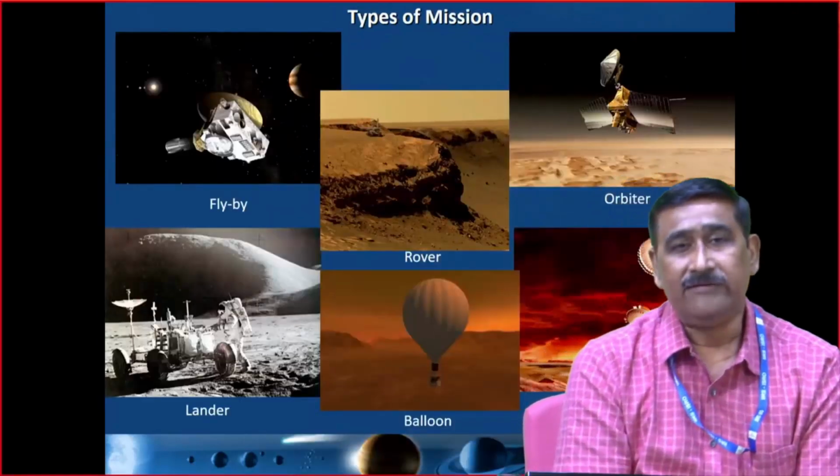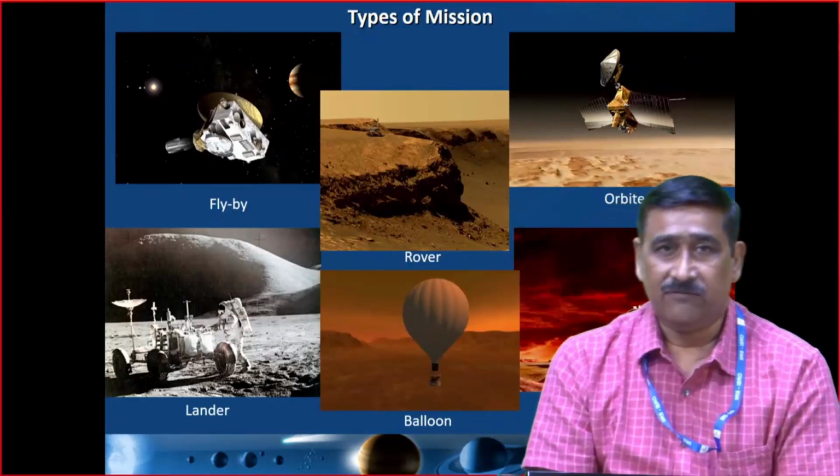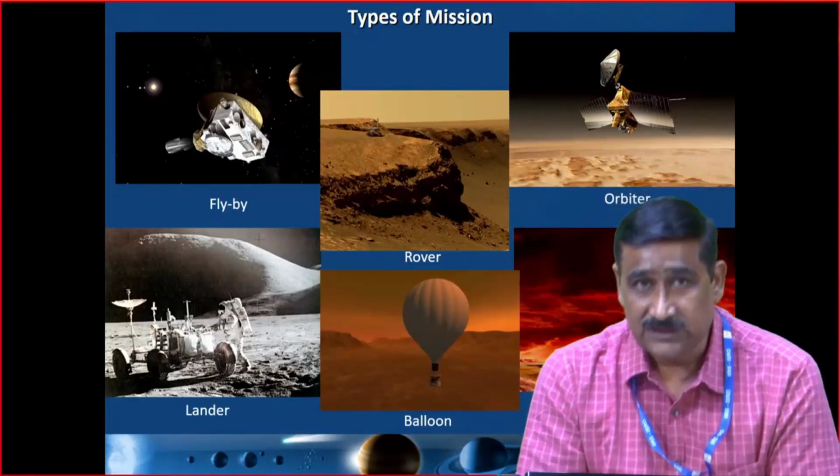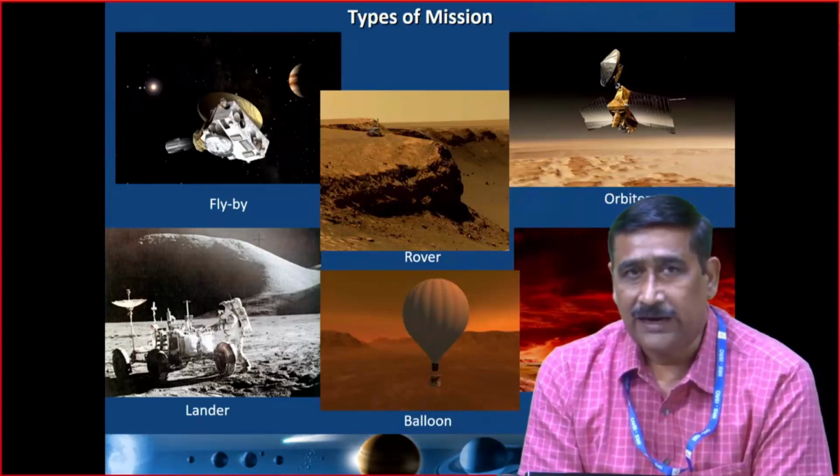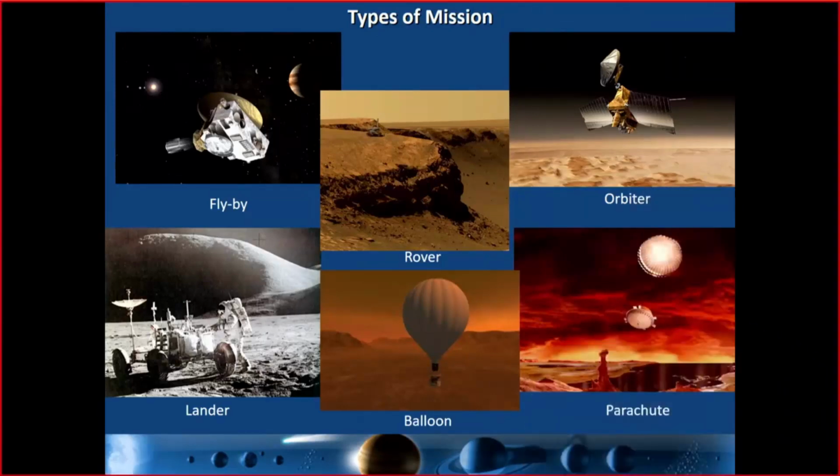There are various types of missions one plans for, depending on the objective of the mission. There are flybys, rovers, orbiters, landers, balloons, parachutes. There are so many, depending on what kind of research we are doing.